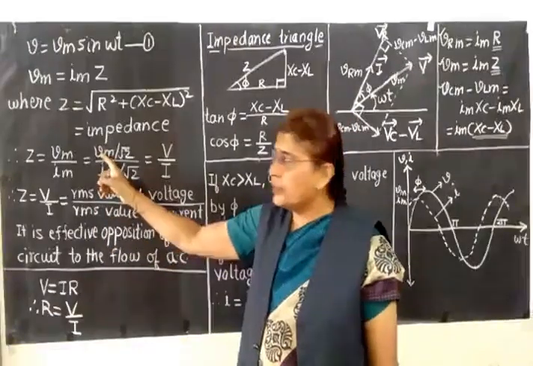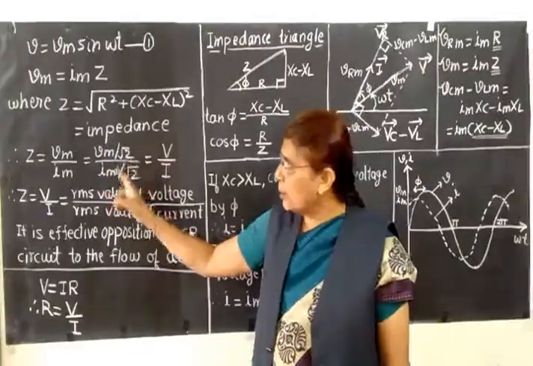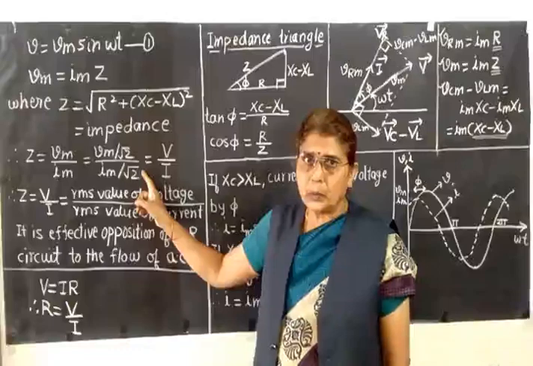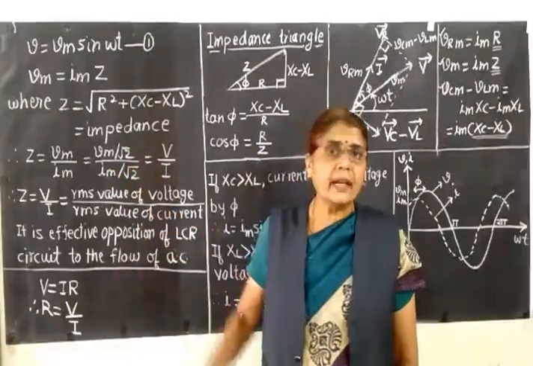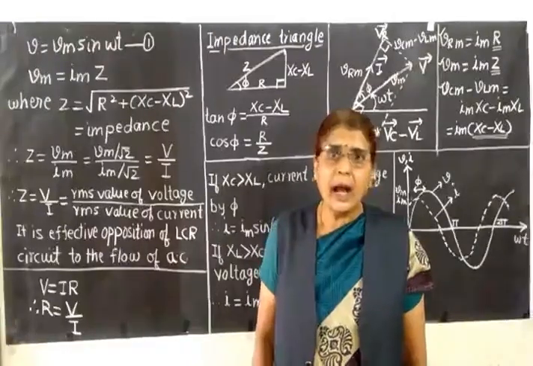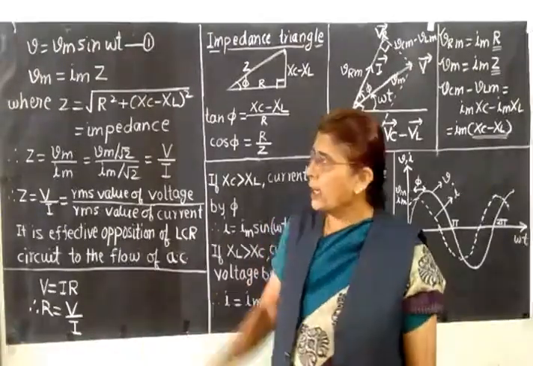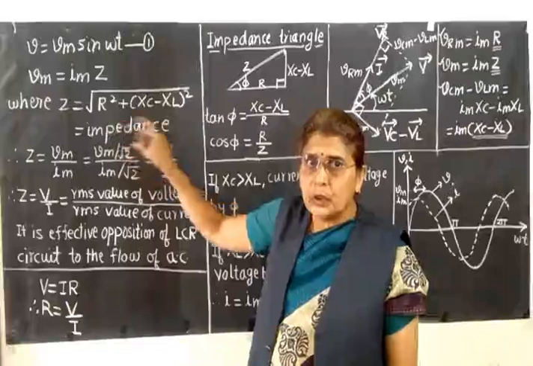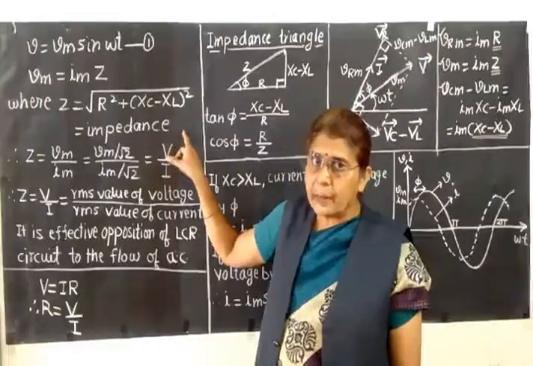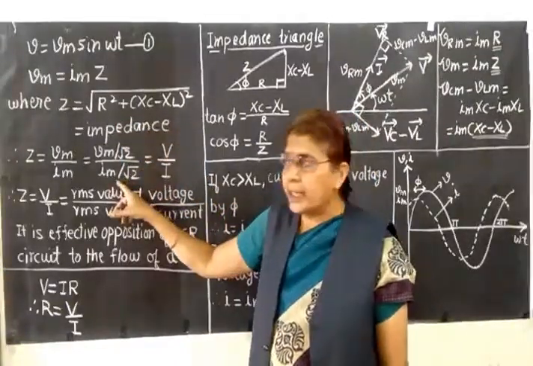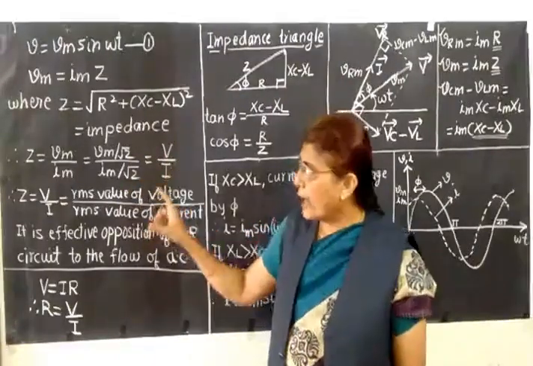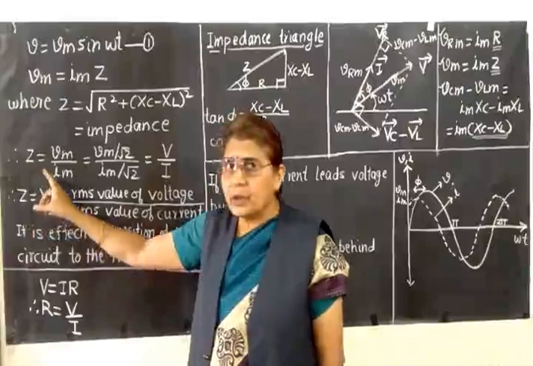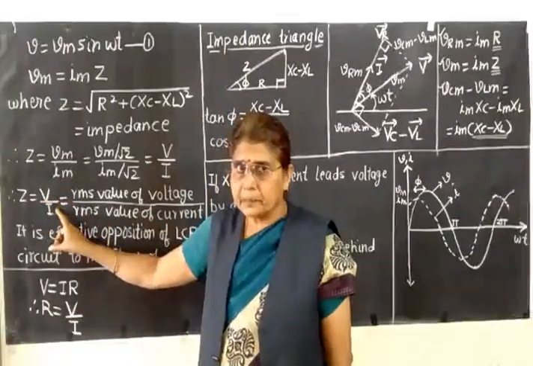So the numerator is Vm upon root 2 and the denominator is Im upon root 2. We saw in the first session that the peak value divided by root 2 always gives you the RMS value. Therefore, the numerator gives you the RMS value of voltage, capital V, and the denominator gives you the RMS value of current, capital I. So we have the equation Z is equal to V upon I.